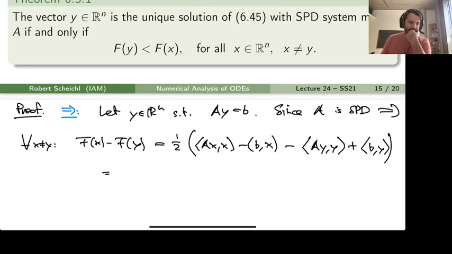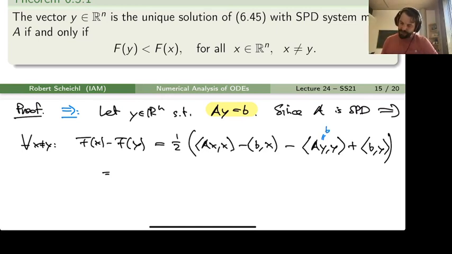Now we use that y is a solution, and so we can essentially say that this thing here is equal to b.